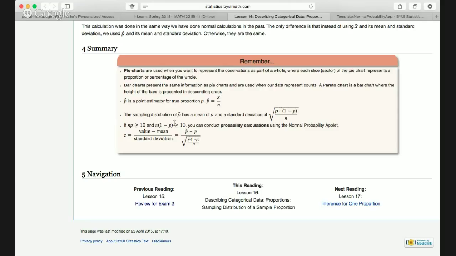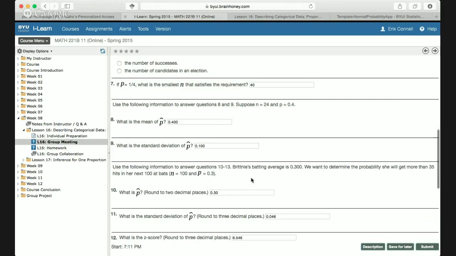It's the square root of P times (1 minus P) divided by n. And so you just plug the numbers it gives you in. And that gave me 0.1.